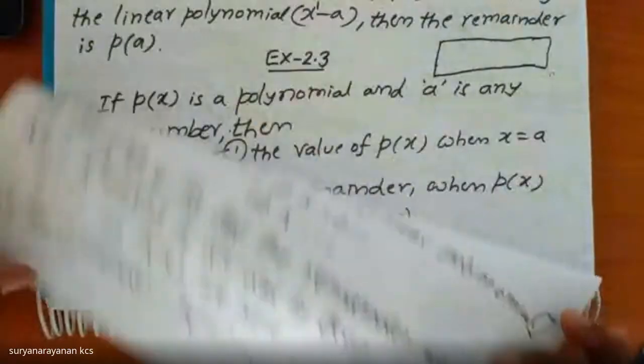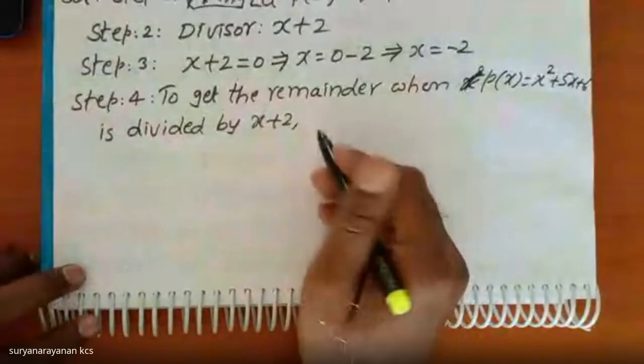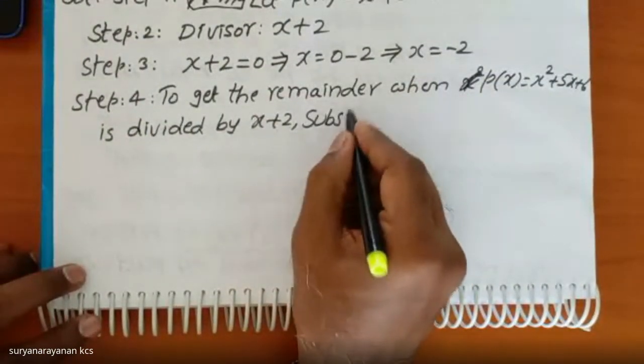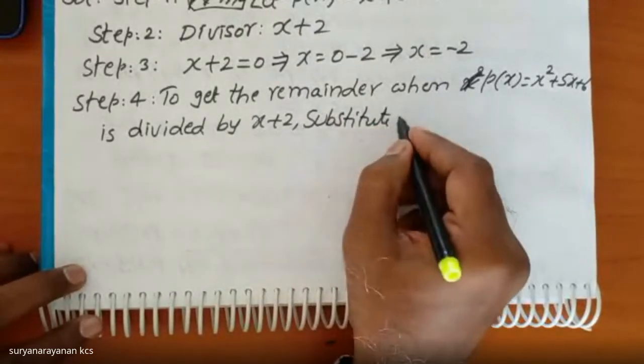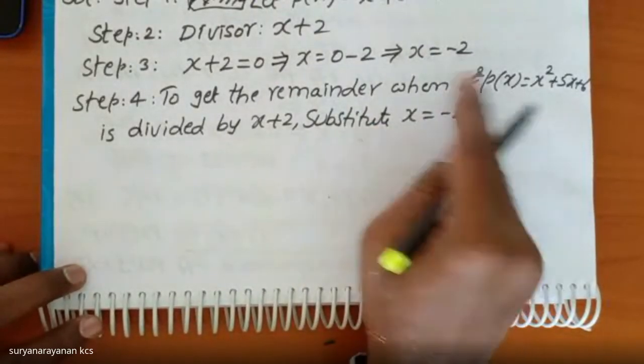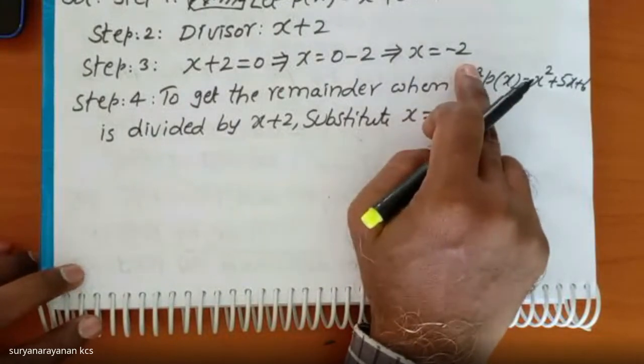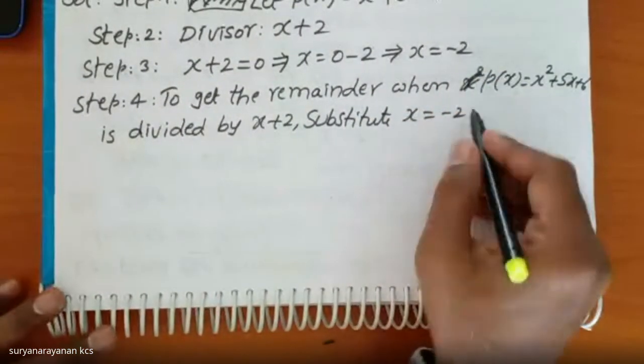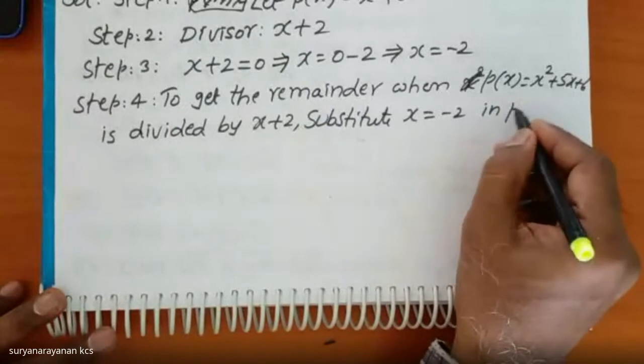What I wrote here: substitute x is equal to minus 2. Here we got x is equal to minus 2.